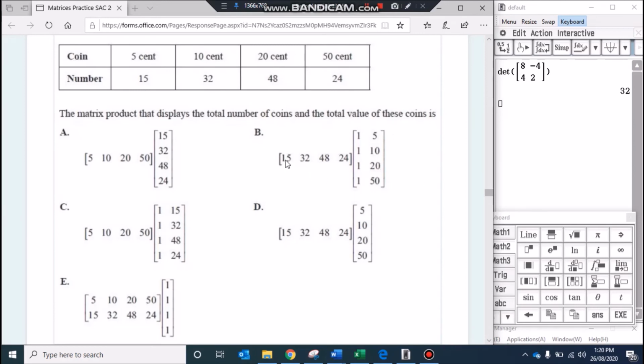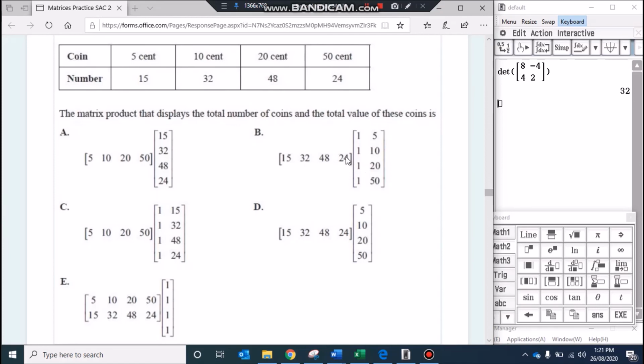If you think about what this matrix multiplication is actually doing, let's say it's going to be a 1 by 2 matrix product, and in the first element, it's 15 times 1 plus 32 times 1 plus 48 times 1 plus 24 times 1.